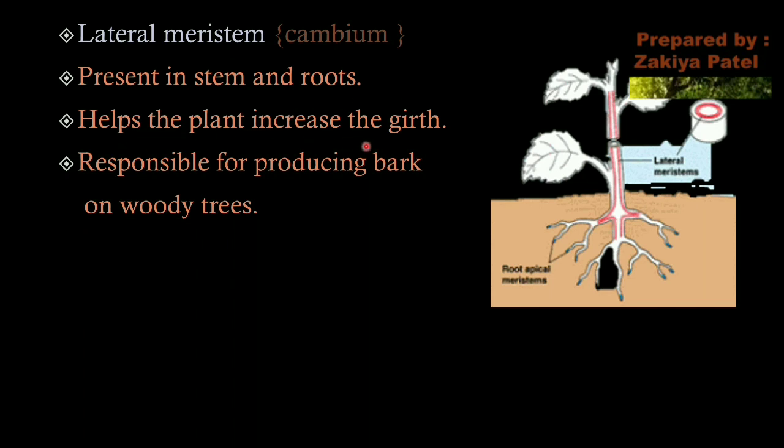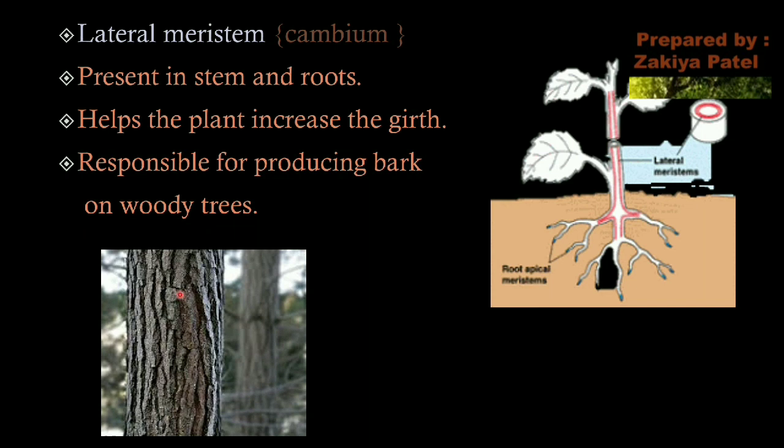What do you mean by girth? As the roots and the stem increase in thickness, which is then converted into the bark of the tree, that is called girth. So the function of lateral meristem is to help the plant increase its girth. Third, lateral meristem is responsible for producing bark on woody trees.